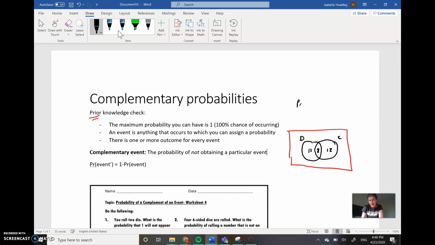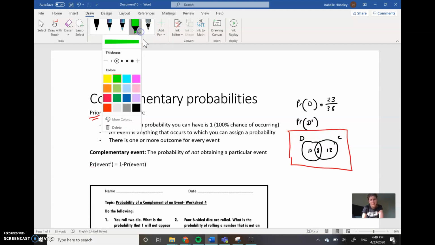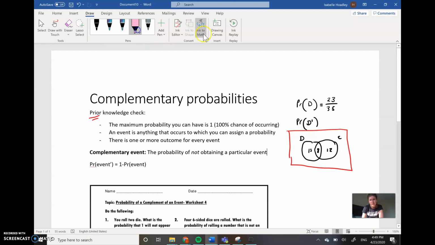So the probability that someone has a dog would be 15 plus 8, which is 23 out of 35. Now the probability that someone does not have a dog, for this bit we're looking at everything not in that dog circle, so everything left over, which is just the cats, which is 12 out of 35. So asking for the opposite probability is finding what's left over inside that Venn diagram.